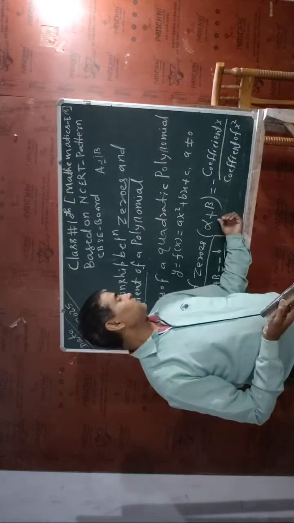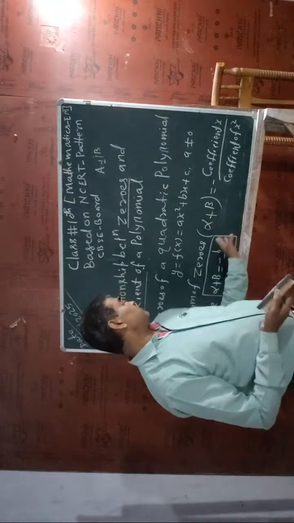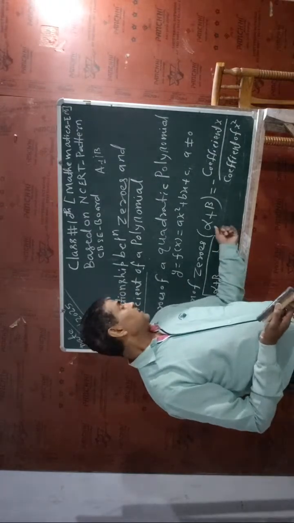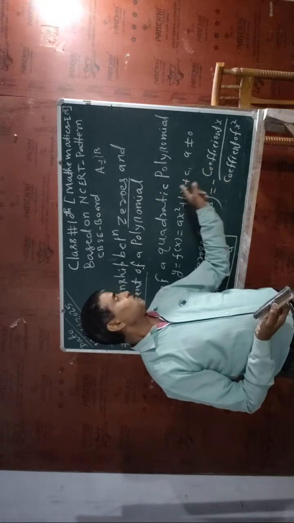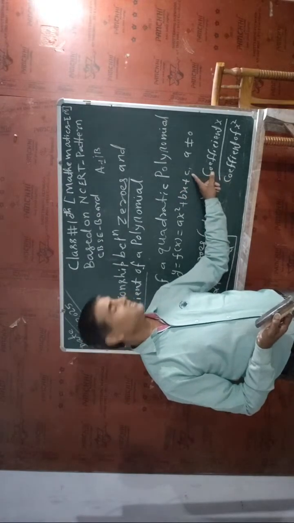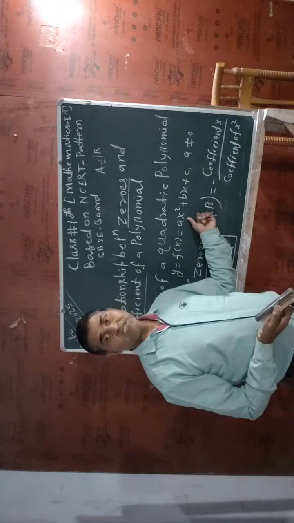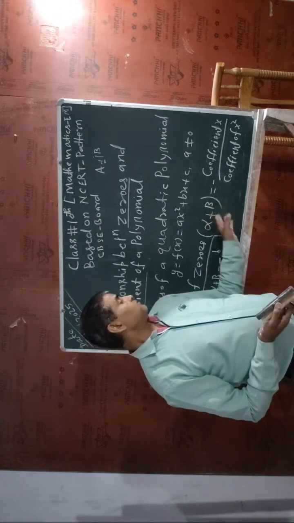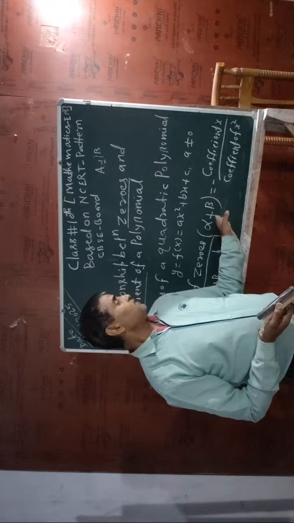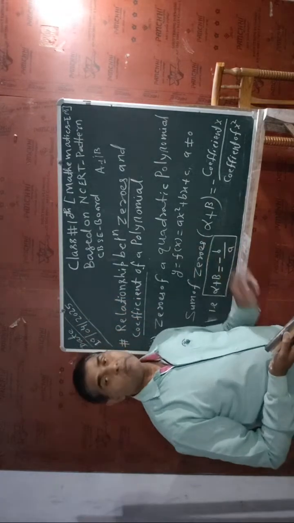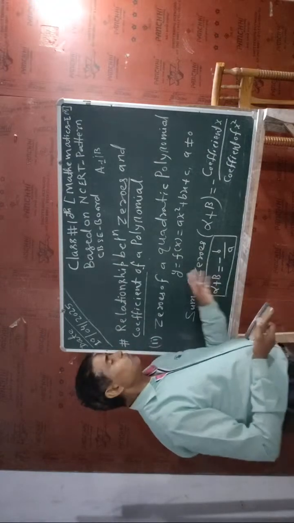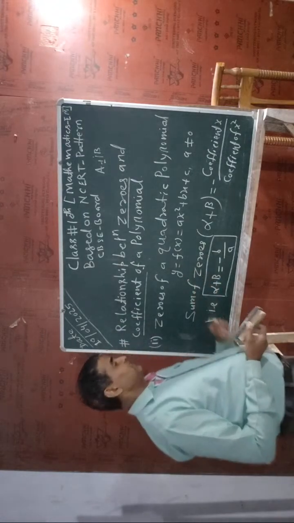Alpha into beta is equal to the constant term c divided by the coefficient of x square, a. So alpha into beta is equal to c divided by a. That will be the product of two roots, and both roots lie on the x-axis.